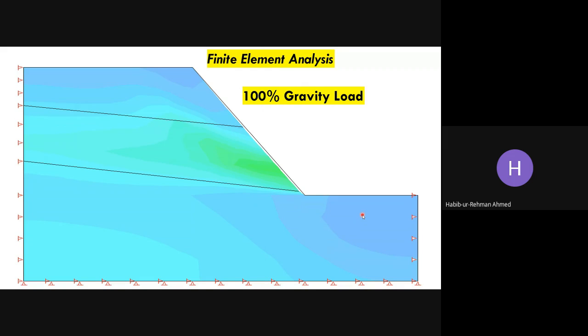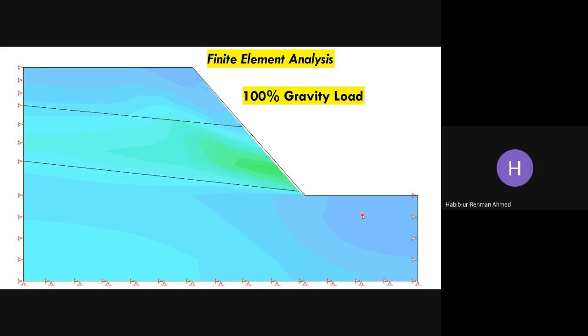We increase the gravity load and we see at what gravity load the failure occurs. So this is known as incremental gravity load methodology, or increase in stress level methodology. There are different names being used for that one.